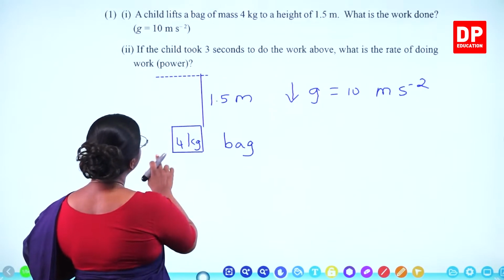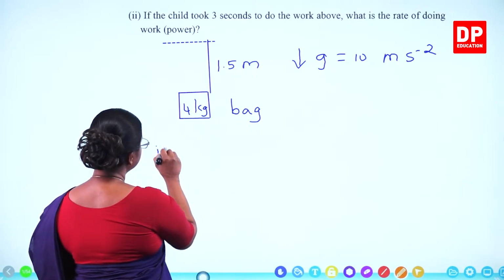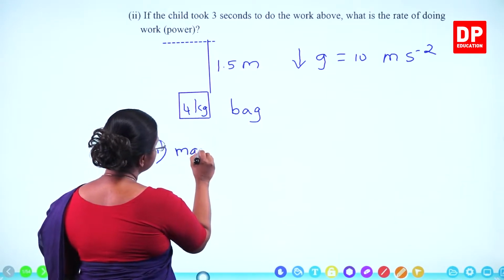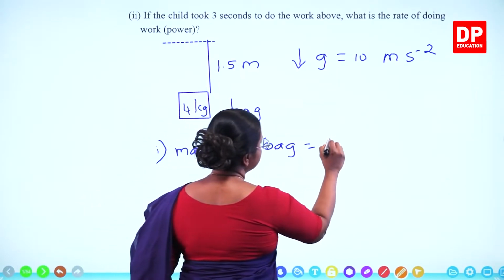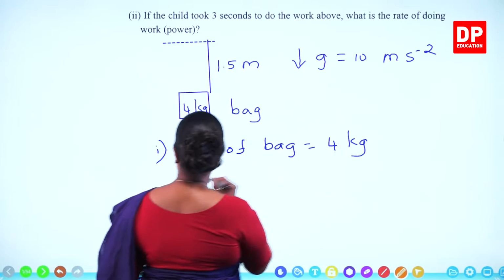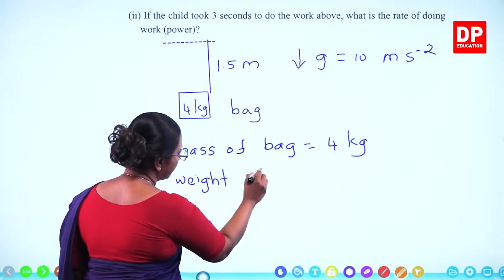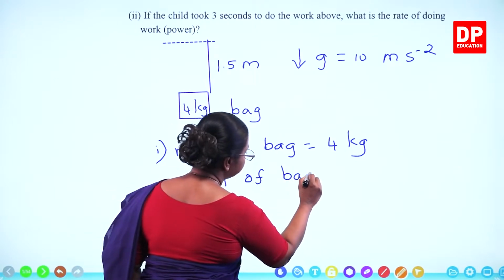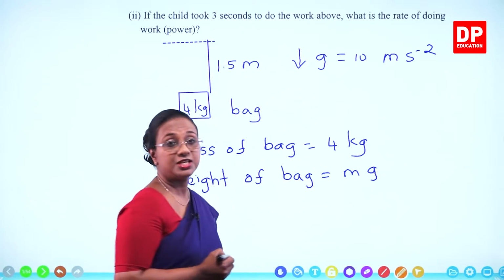So if we write down the answer for the first question, mass of bag, that is 4 kg. So weight of the bag. Weight of bag, that is going to be what? Mass into gravitational acceleration.